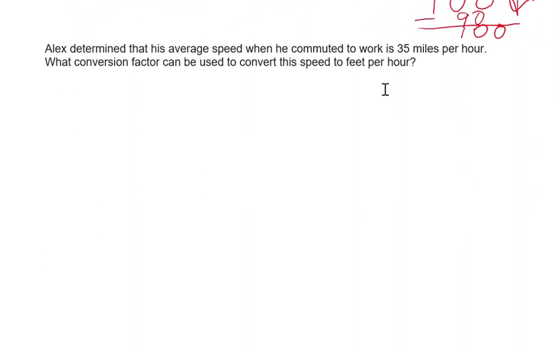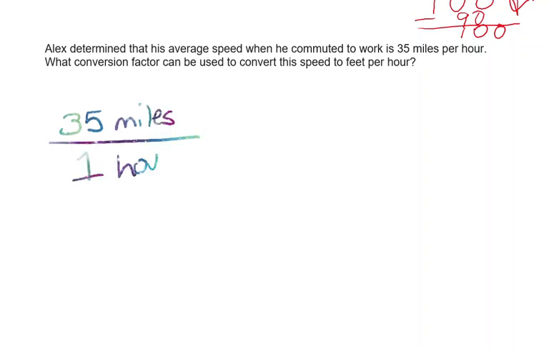Alex determined that his average speed when he commuted to work is 35 miles per hour. 35 miles per 1 hour would be my first fraction. What conversion factor can be used to convert his speed to a final answer of feet per hour?